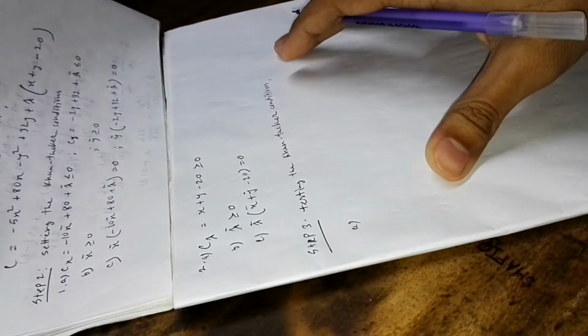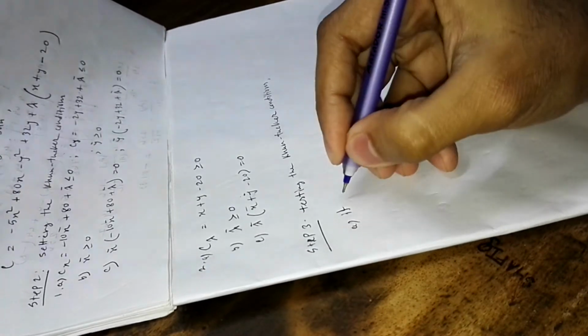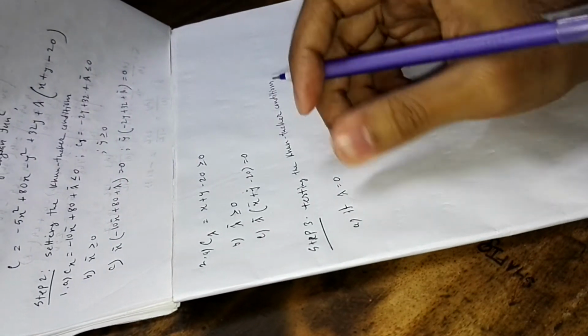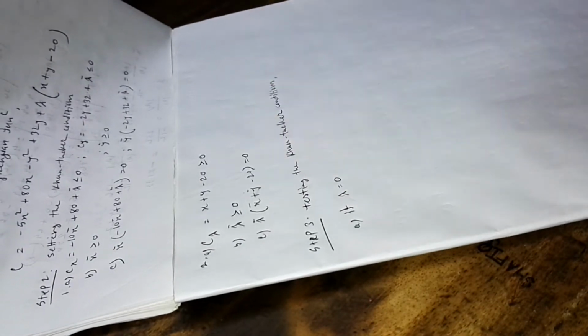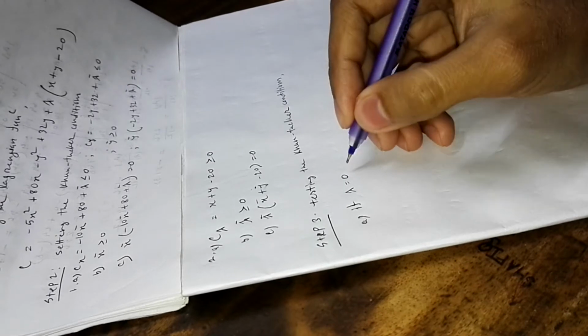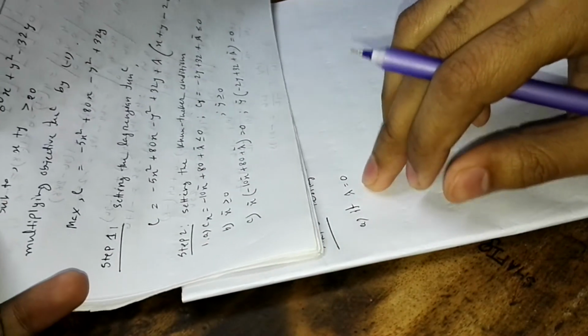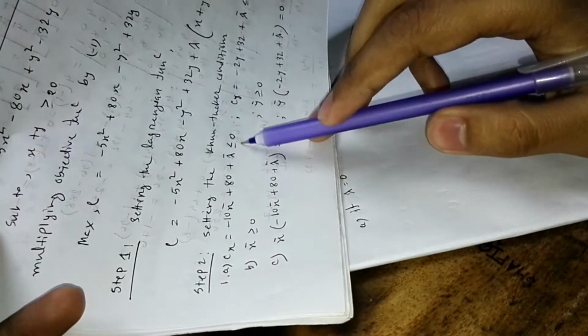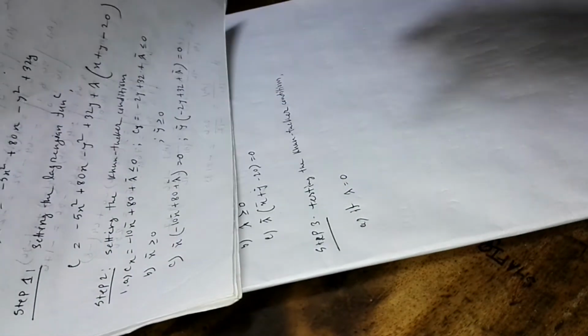Okay, we are saying, if lambda is equal to 0, what happens? If lambda is equal to 0, we're going to put this value in 1a in here and here. Let's see.